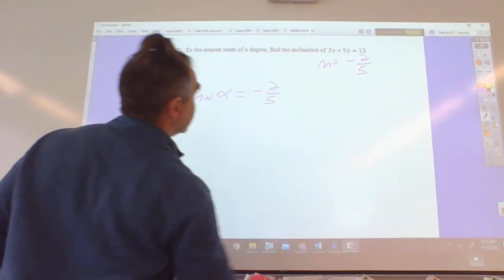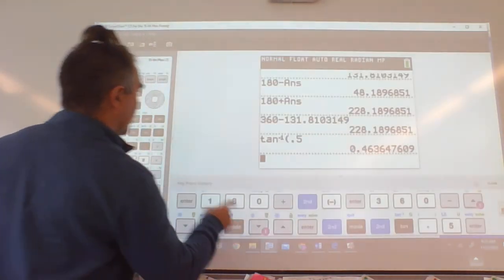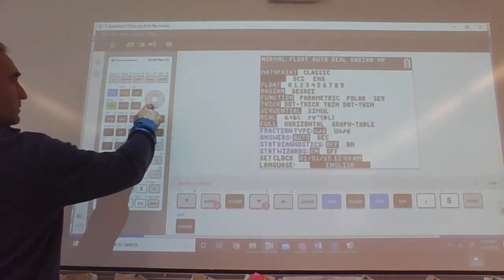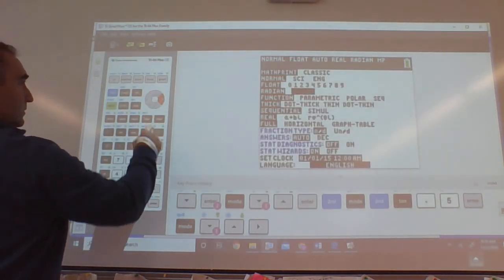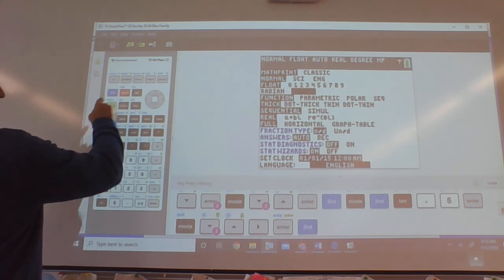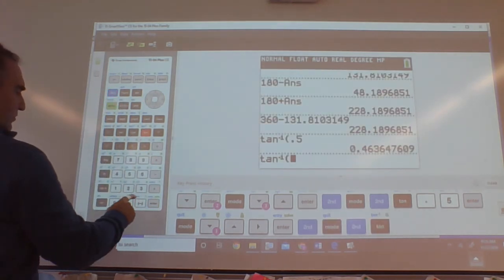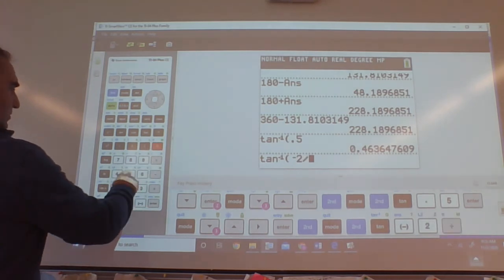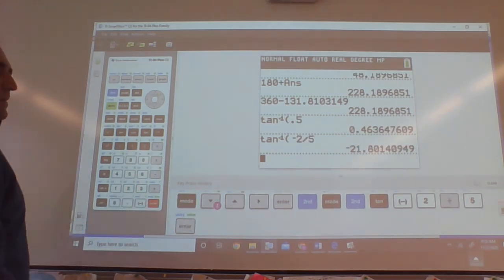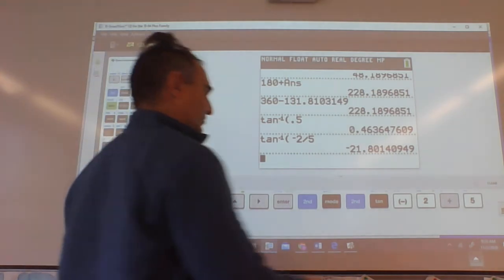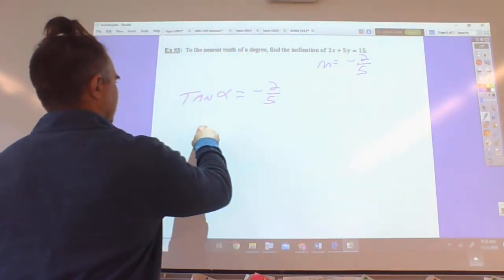And I think we went back to degrees just because we're trying to be annoying. Inverse tangent of, I believe it was negative 2/5. So we get negative 21.8 degrees. Okay, we haven't seen that yet today. Well, that's a little worrisome.